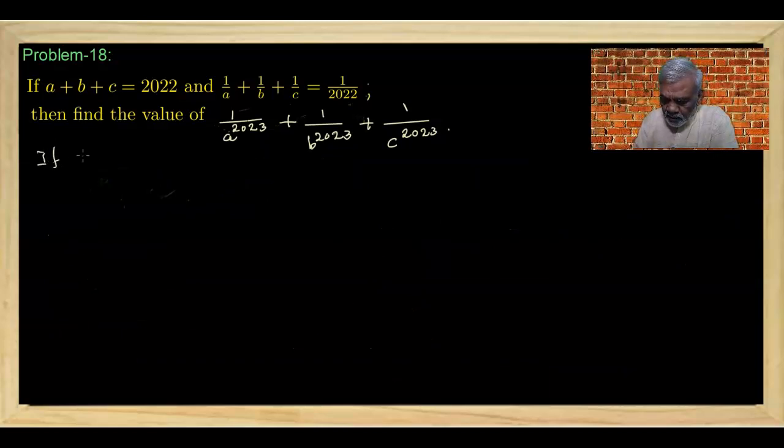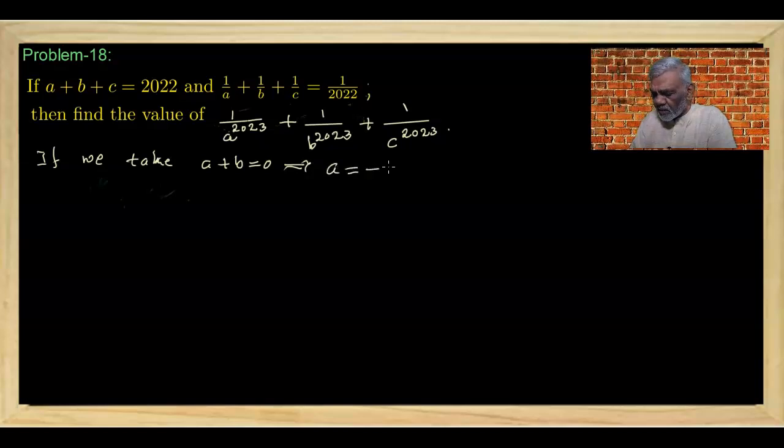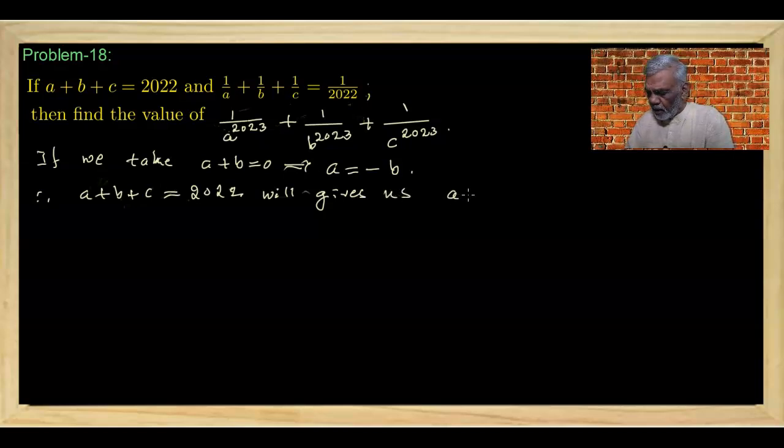If we take a plus b equal to 0, it implies a equal to minus b, and therefore the first equation a plus b plus c equal to 2022 gives us minus b plus b plus c equal to 2022, implies that c is equal to 2022.